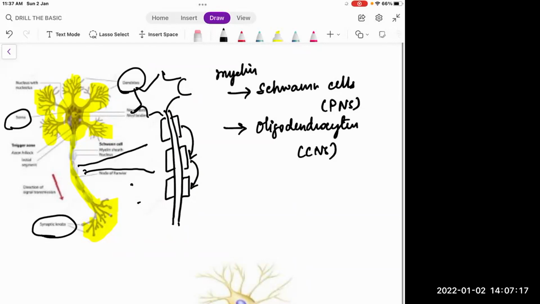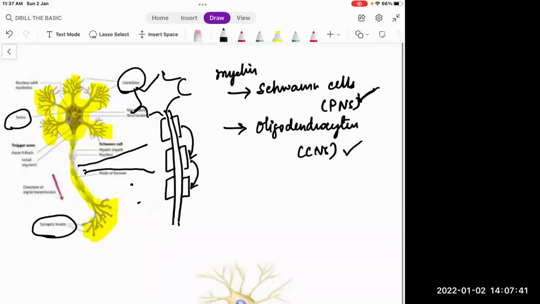Okay, in the peripheral nervous system, one myelin sheath is formed by one Schwann cell, meaning that a Schwann cell will form myelination of one neuron alone. Whereas in the central nervous system, one oligodendrocyte will form myelination for multiple neurons.